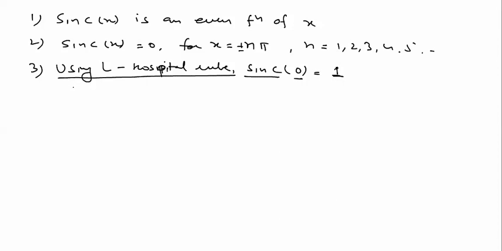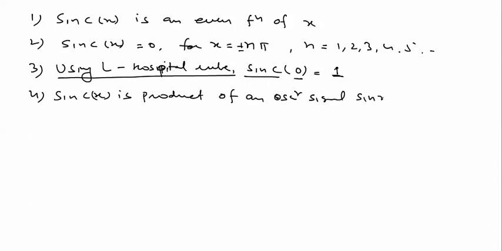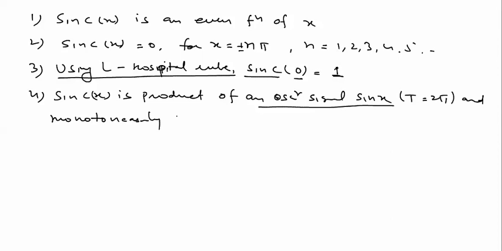The sinc function is basically the product of an oscillatory periodic signal sine x, where the period equals 2 pi, and a monotonously decreasing function 1 upon x.